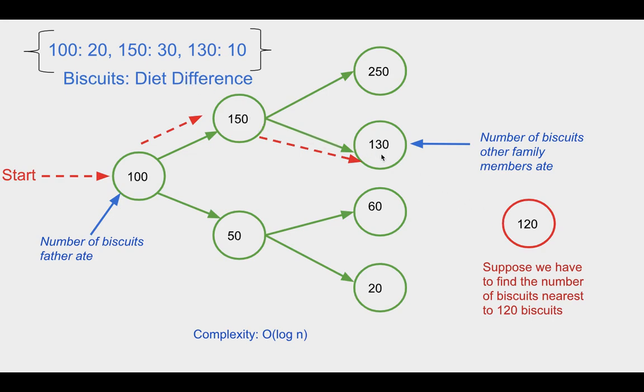And then finally we end up with 130, and the diet difference is 10 between these two. So in this manner we end up with a list which has key value pairs, and we have the minimum diet difference with the 130 key. So we got our answer. That means 130 is the number of biscuits that is nearest to this 120.